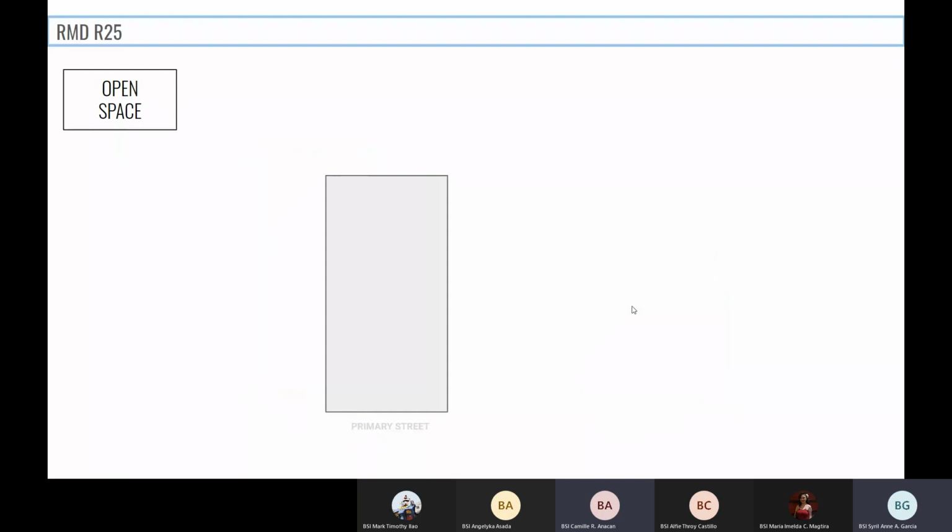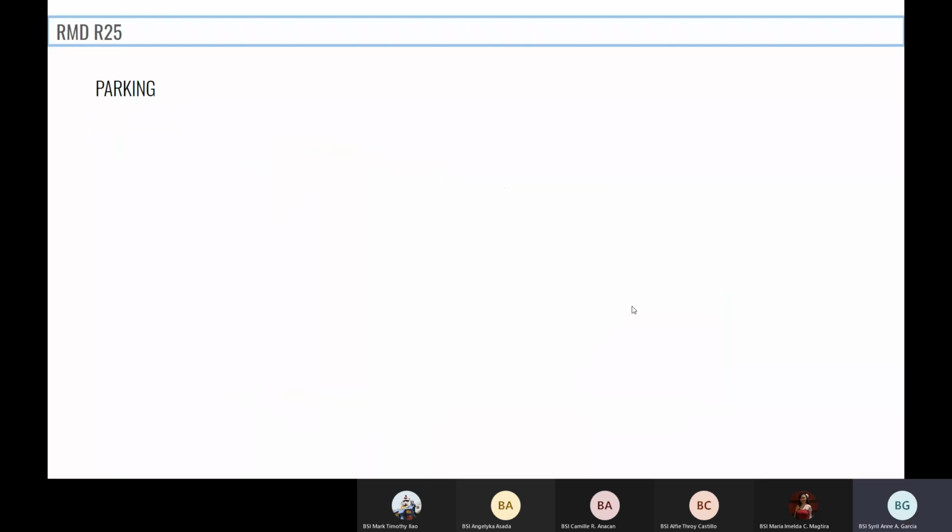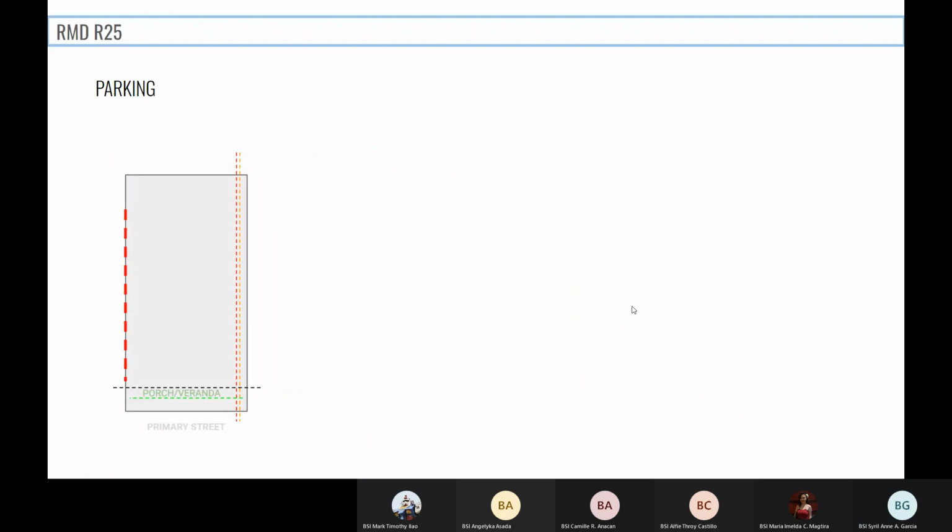And then, moving forward to the parking orientation or the planning of the lot under RMD R25. We have the setbacks considered in our lot: the front setback, the sides, if it is a boundary wall, and the porch extending to the frontage of the house.